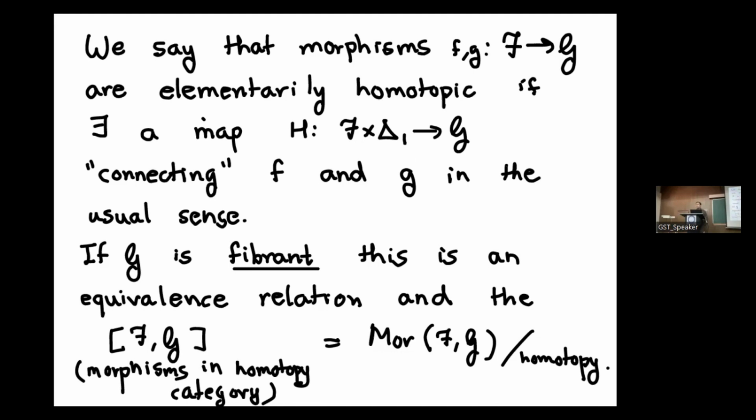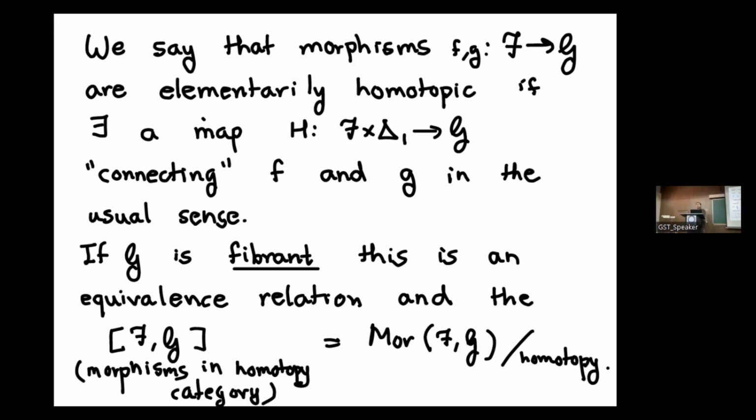So just let me remind you, for example, when we were looking at simplicial sets, we saw that if you want to look at maps into the simplicial set, not in the original category of simplicial sets, but in the homotopy category, then there may be some morphisms in the homotopy category which are not represented by morphisms in the original category.